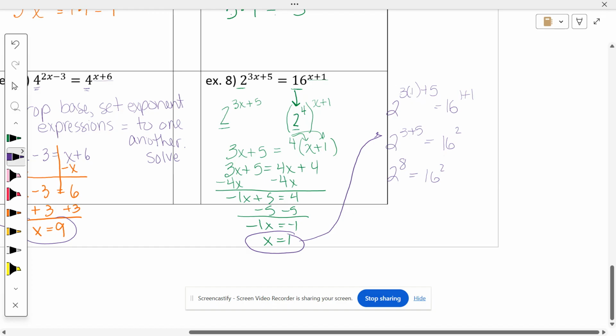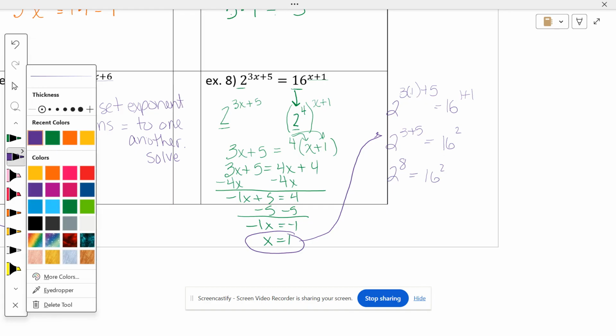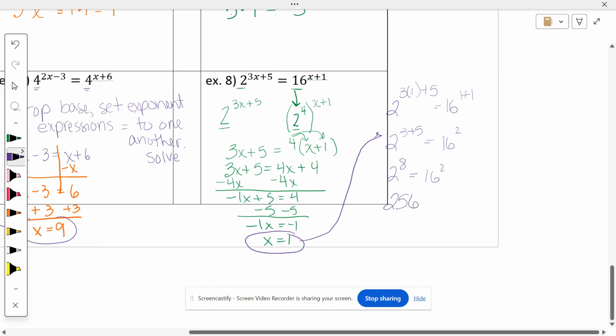So when you put that into your calculator, 2 to the 8th power, you're going to use your caret function. 2 caret 8 equals 256. And 16 squared is also 256. Your check is complete. That means your solution is correct.